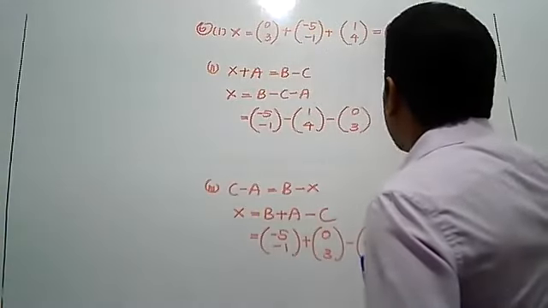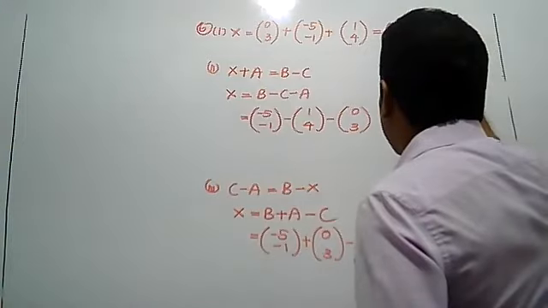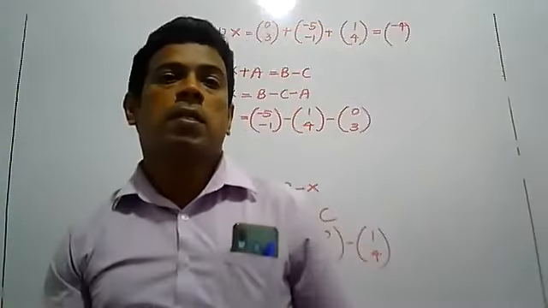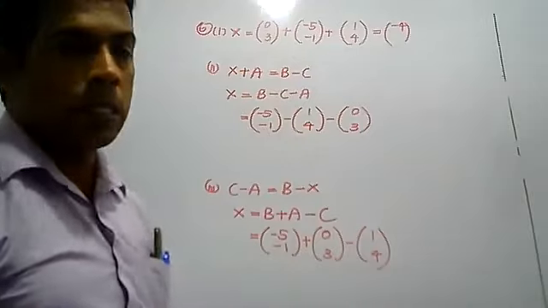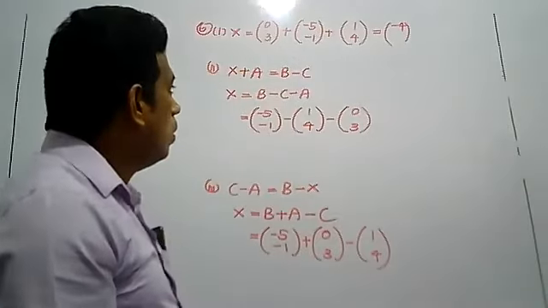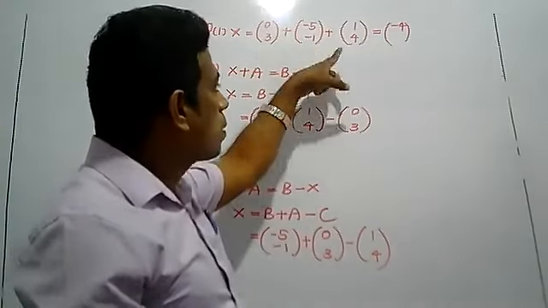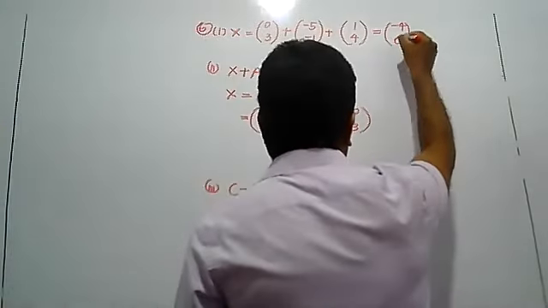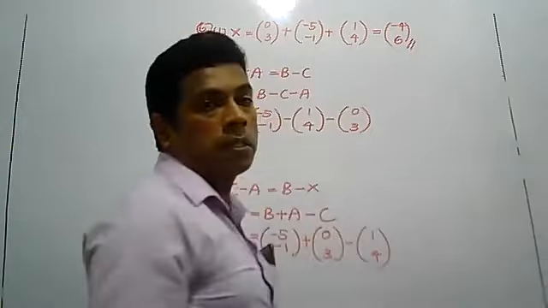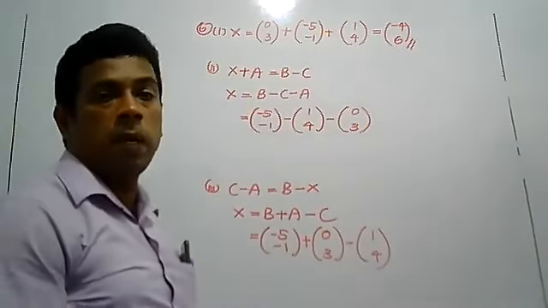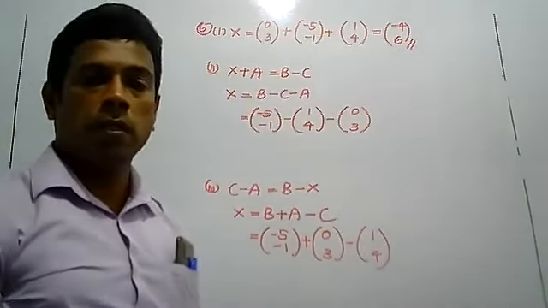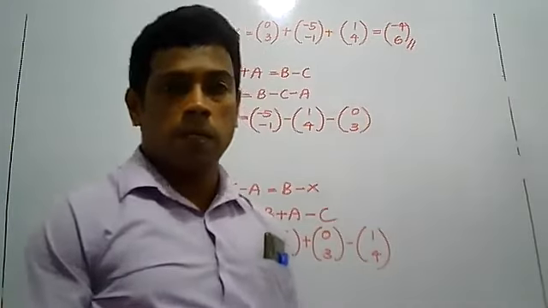Minus 5 plus 1 is minus 4. 3 plus minus 1 is plus 2. Plus 2 plus 4 is plus 6. So the first one answer is minus 4, plus 6.